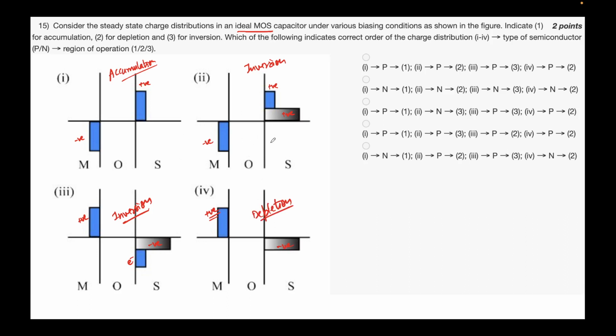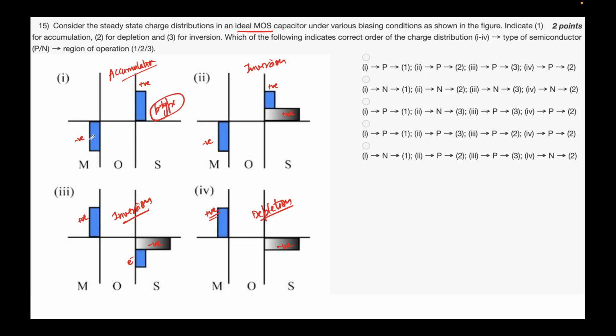Okay, so we identified the regimes, but we are also required to identify the semiconductor. So let's look at this. What's happening is that this is accumulation. Accumulation will always happen of the majority charge carrier. So this is a p-type. Why do I say p-type? If it's p-type, it will have majority holes.